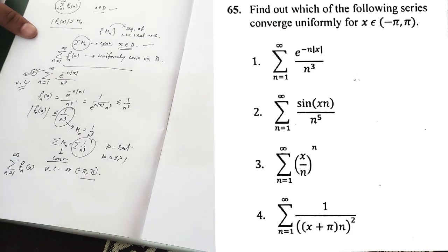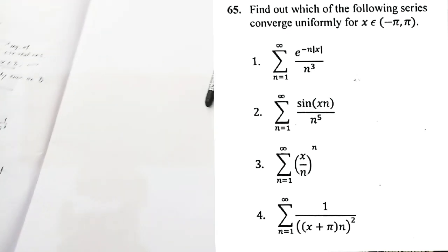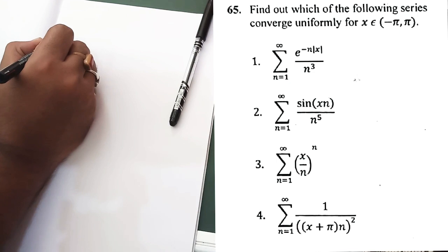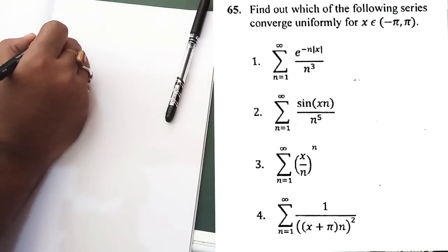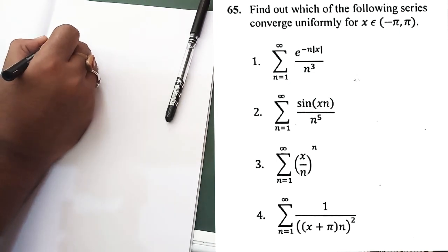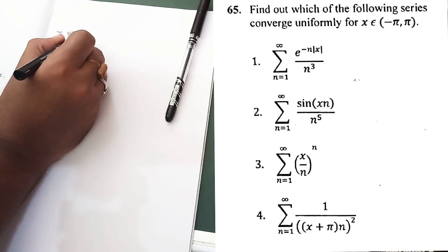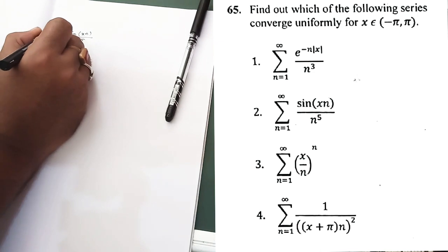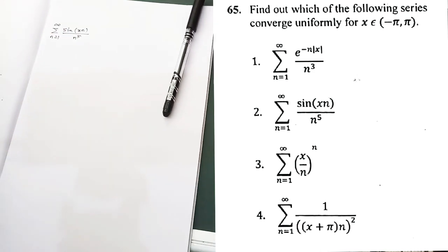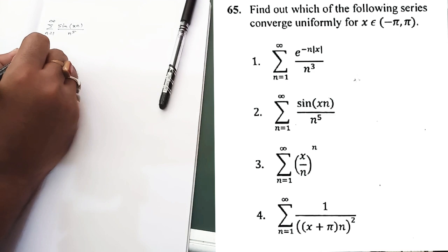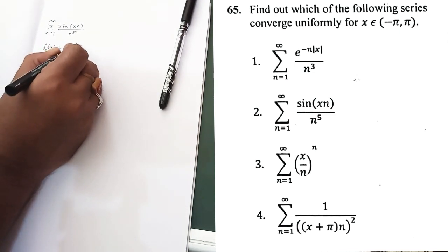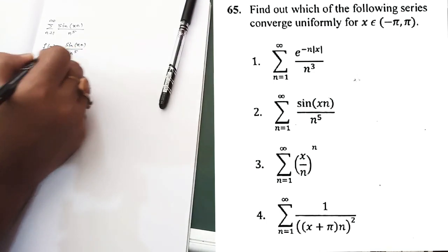Now come to the second option. In the second option, they have given us the summation of sine(xn) by n to the power 5, and it is also very straightforward, because your f_n(x) is sine(xn) by n to the power 5.